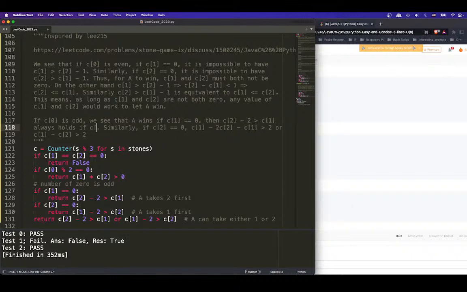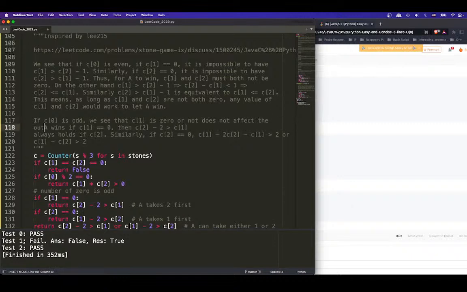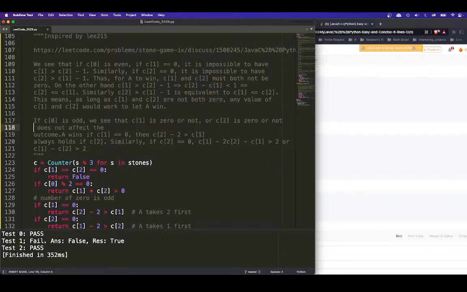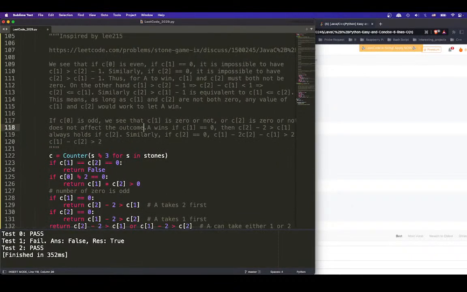So whether C1 is 0 or not does not affect the outcome, and whether C2 is 0 or not does not affect the outcome.